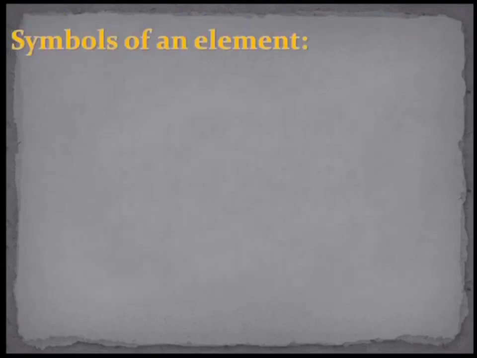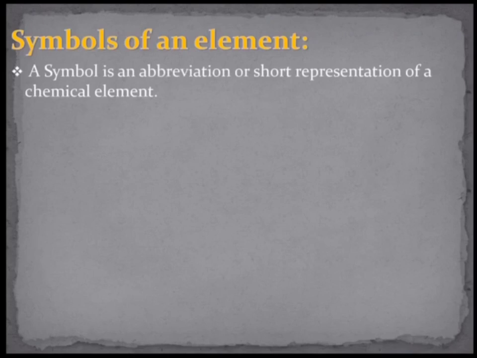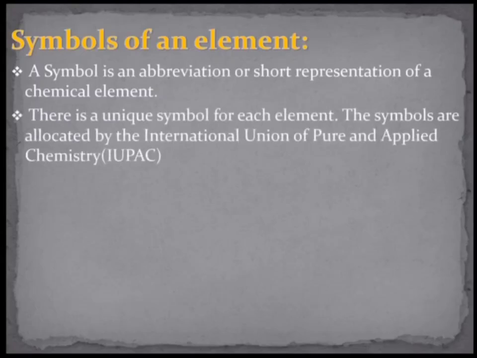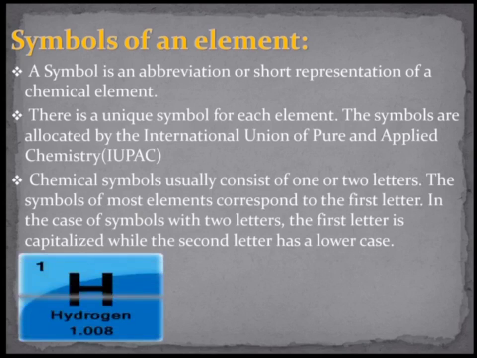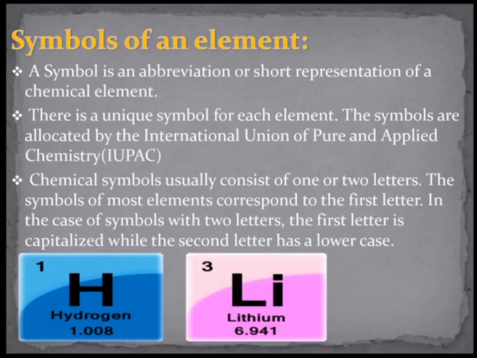Symbols of an element. A symbol is an abbreviation or short representation of a chemical element. There is a unique symbol for each element. Chemical symbols usually consist of one or two letters. For example, hydrogen is H, capital H. Lithium is capital L, small i.